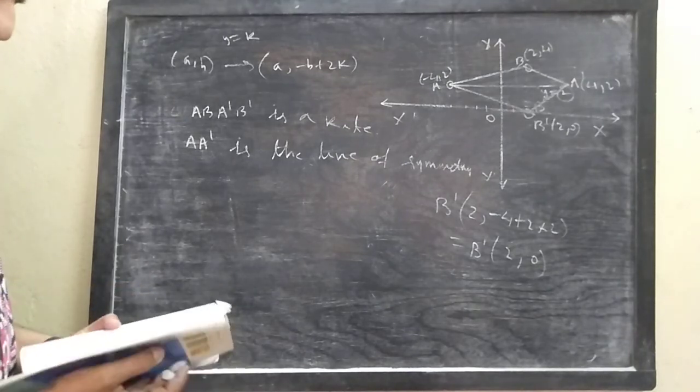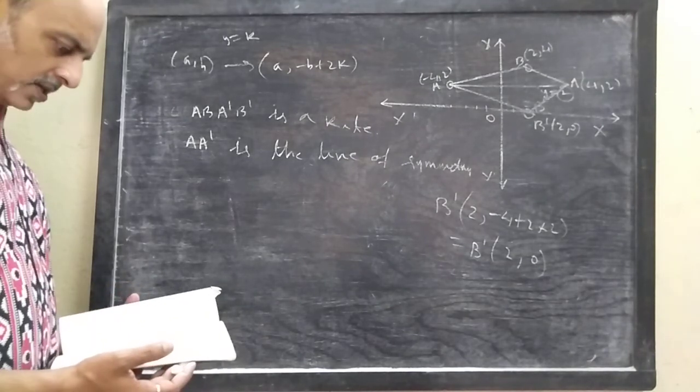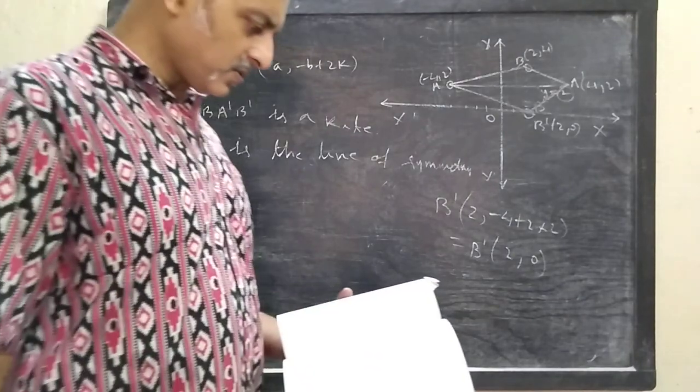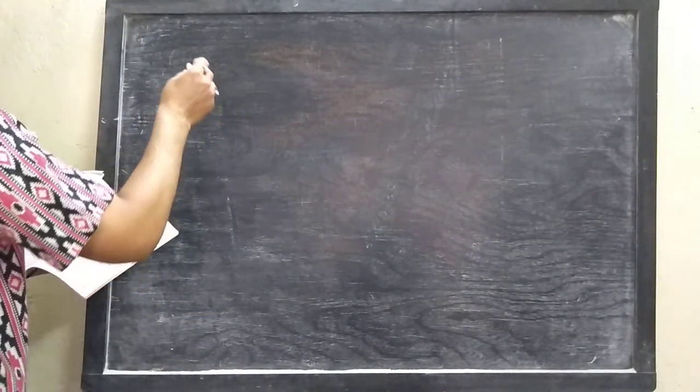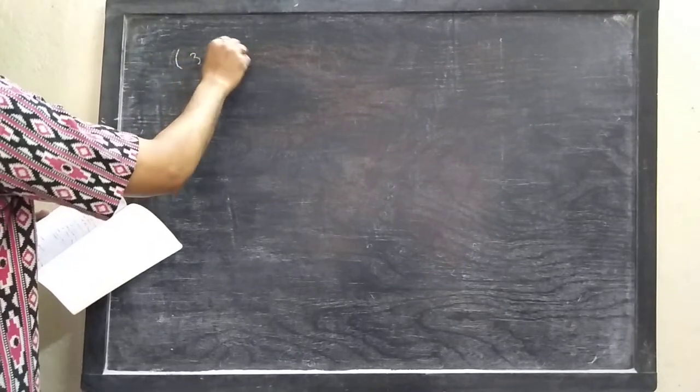Next, write down the coordinates of the image of the point (3, minus 2) when reflected in the x-axis. This is very simple. The initial point is (3, minus 2).